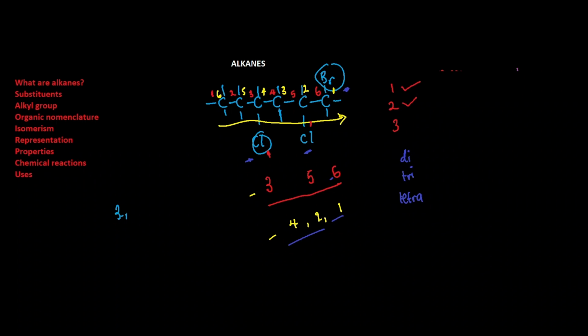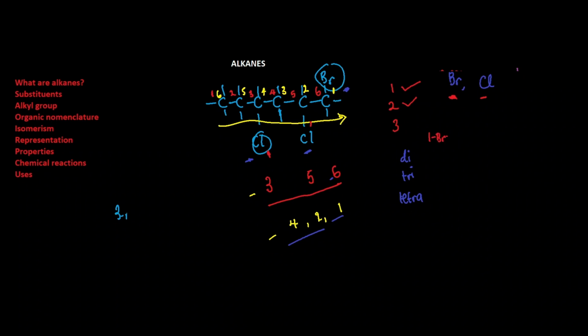Of course, we don't have to indicate that bromine appears once. So in this case, how this would be named is, first we need to know that our substituents are bromine and chlorine. Now in naming organic compounds, we follow alphabetical order. So when writing out the name, bromine comes first before chlorine because B comes before C.